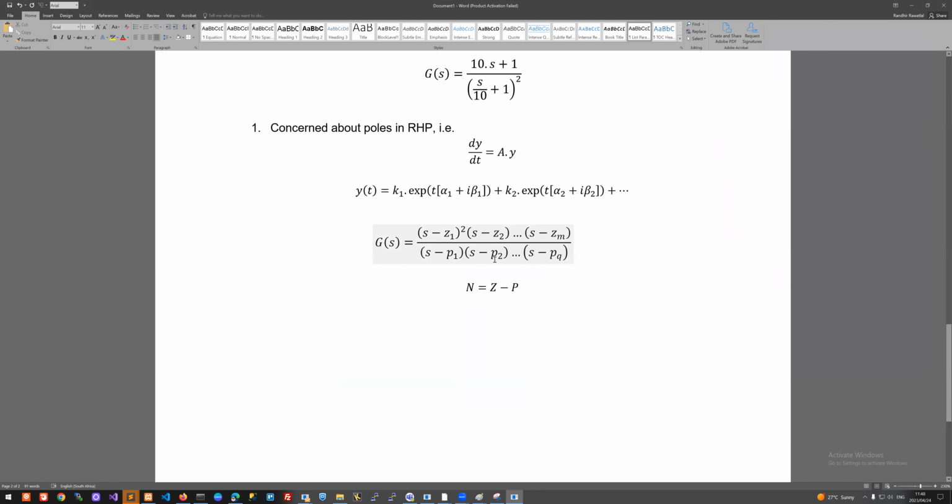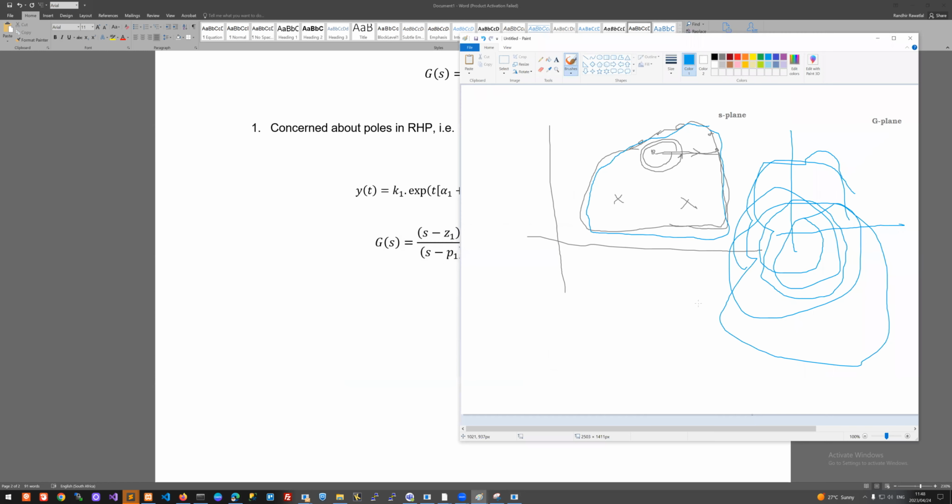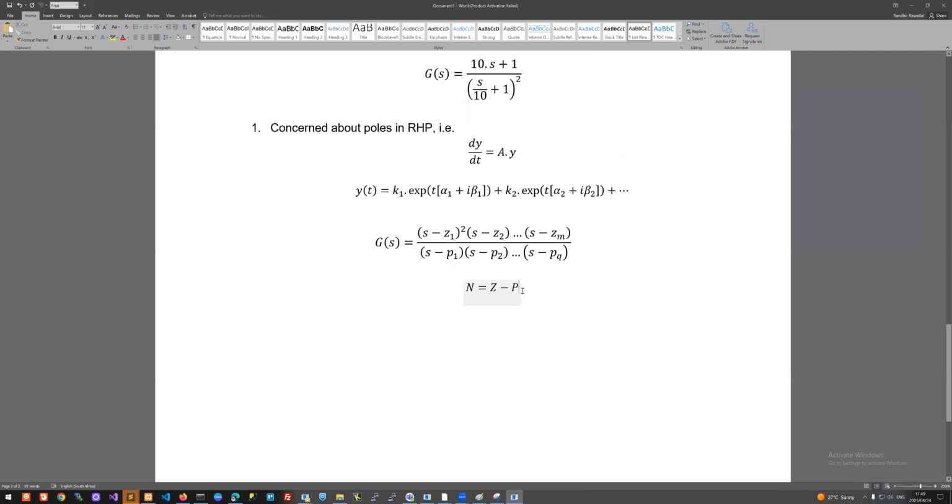That's one fact. And also, if it's inherently stable, then you will not have any poles in the right-hand plane, because if you go back to those differential equations, the poles are the lambdas.